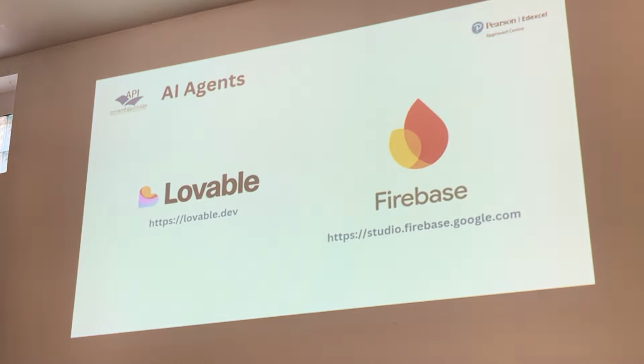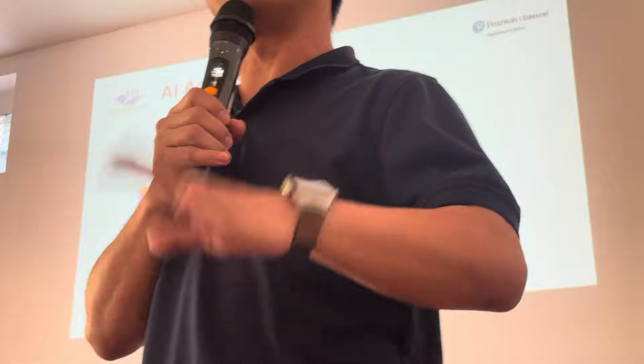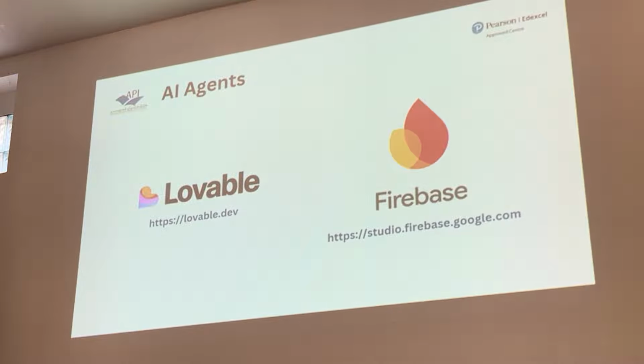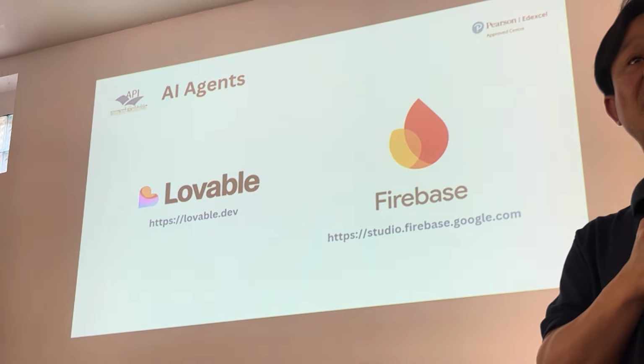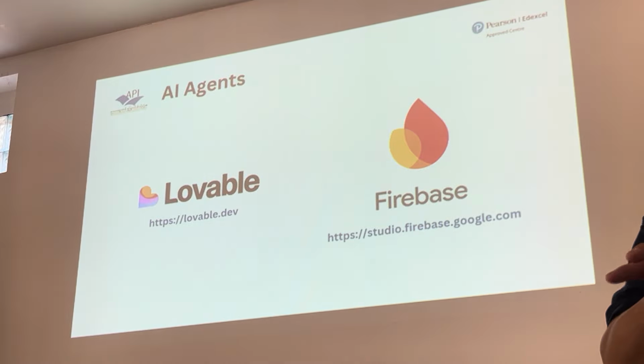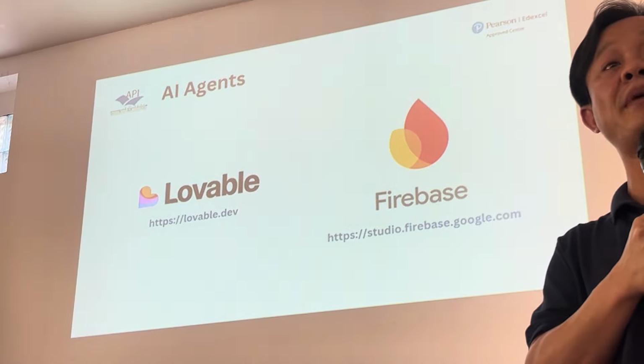Now, I've been playing around with these two. I don't know much about the specific use cases for NGOs, I'm sorry. But I've been using these two, and again, you probably noticed Google again. I've been using Firebase Studio. It has an AI that you can just tell exactly what you want, and it creates a web app for you.